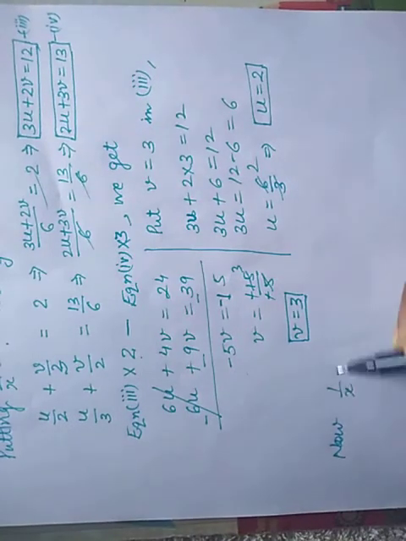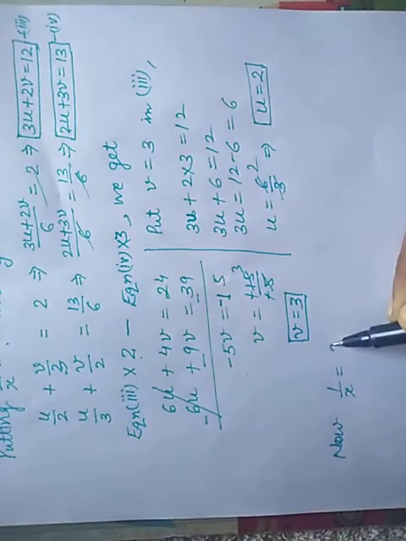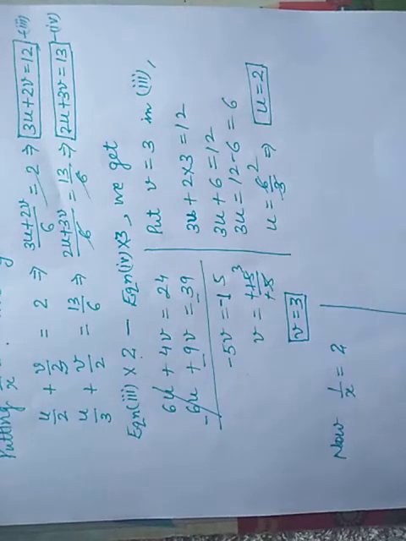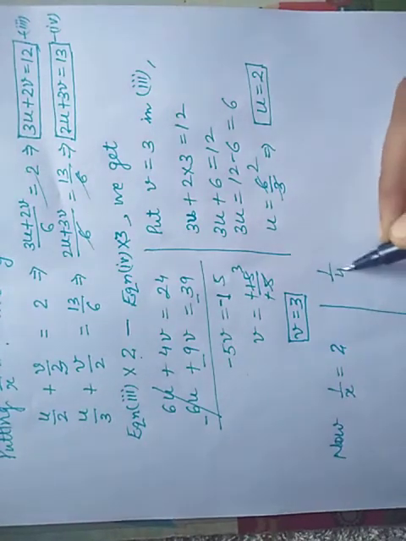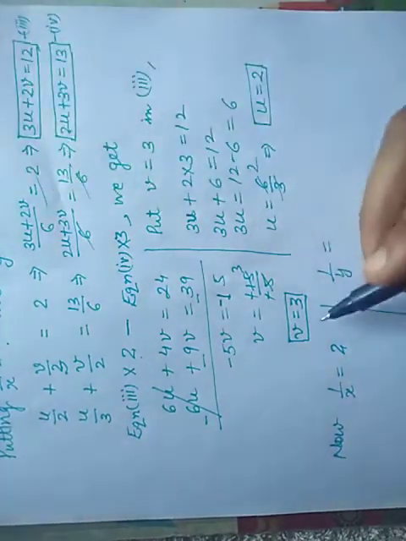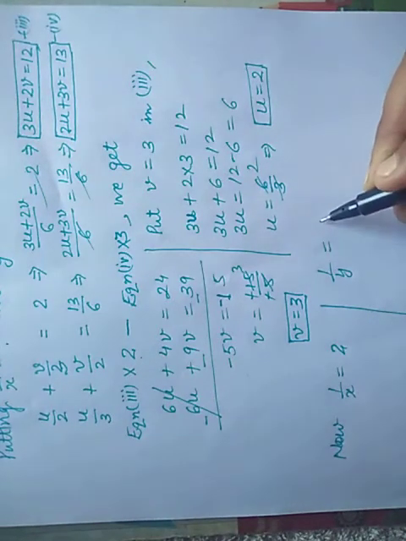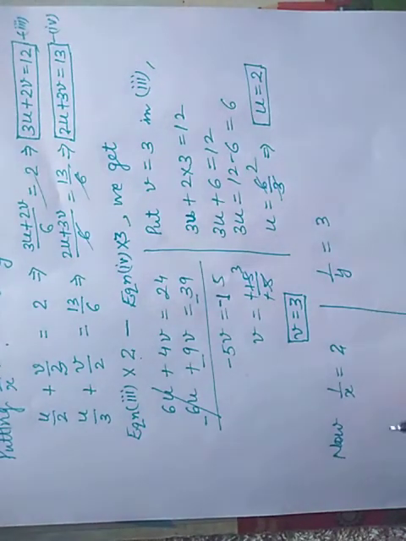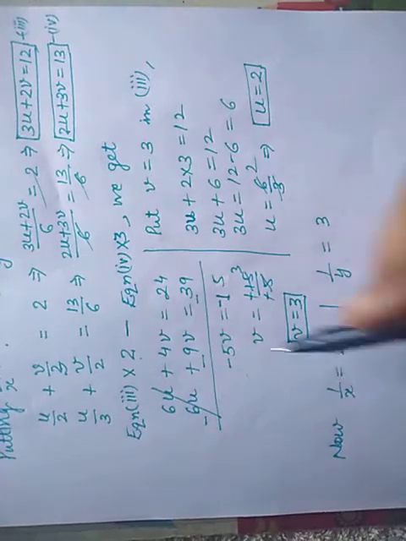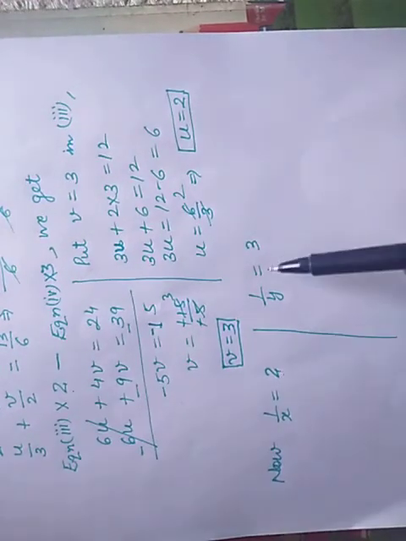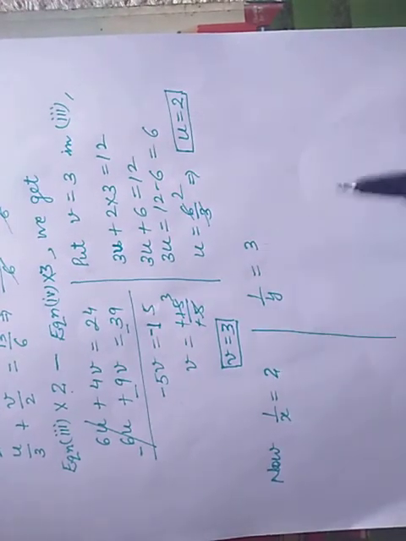1 upon x is equal to 2, and 1 upon y is equal to v, and the value of v is 3, because 1 upon x is equal to u and 1 upon y is equal to v. So we have to put now the values of u and v here.